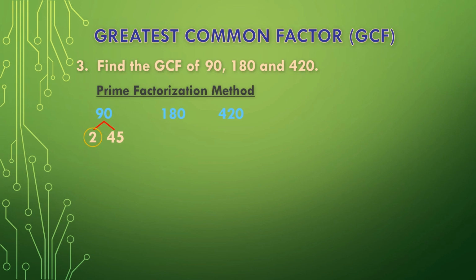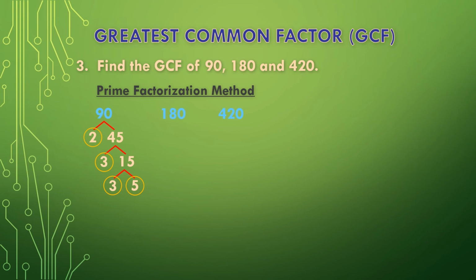Let's now factor 45. 3 times 15 is equal to 45. 3 is already a prime number, so let's encircle it. Let's now get the prime factors of 15. 3 times 5 is equal to 15. 3 and 5 are both prime numbers, so let's encircle them.